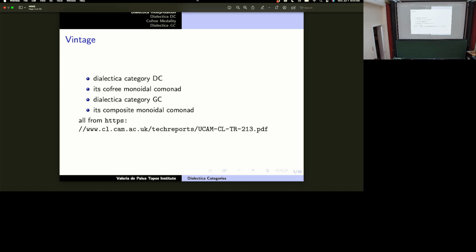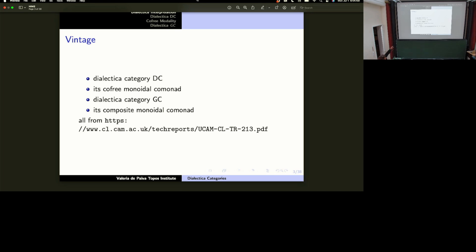So this is very vintage work, not to say extremely old and ancient, because this is all from this technical report from Cambridge, which is my thesis, and it is from, to tell you the truth, 1987, but the technical report is from 1991, when I started working in the computer laboratory, because I did my PhD in pure maths and then moved on to the computer lab, because I wanted to use the kind of category theory that I had learned for things in computing.